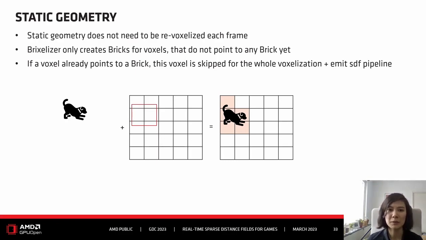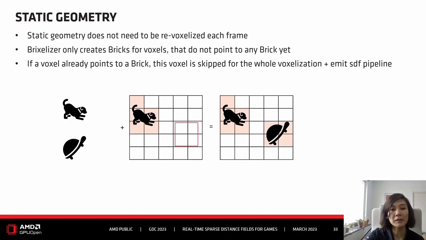So how does this work in practice? In the beginning, we have a completely empty grid, and then we have some geometry that we want to process. Since the grid is completely empty, all voxels will be considered, so we just go on as described previously. We check which voxels the geometry intersects with, and then we create bricks for these voxels.